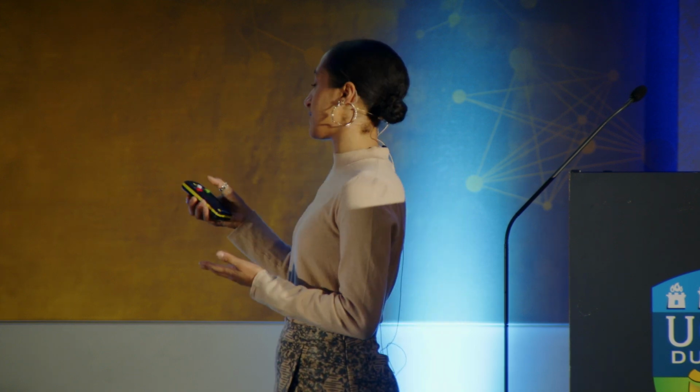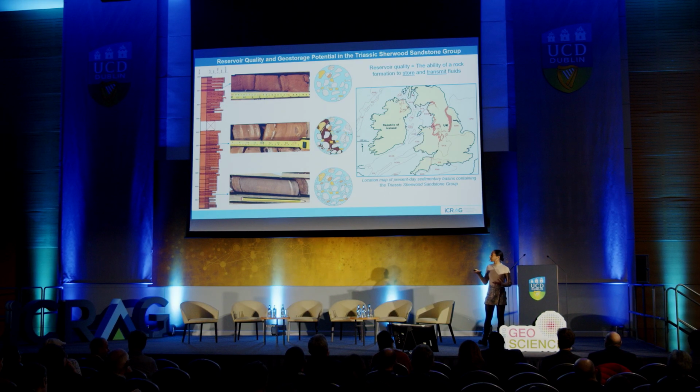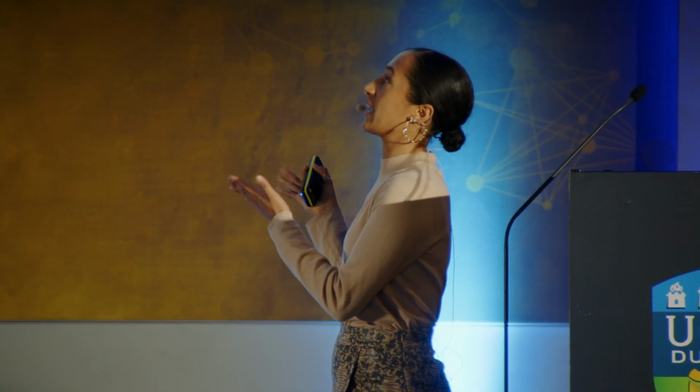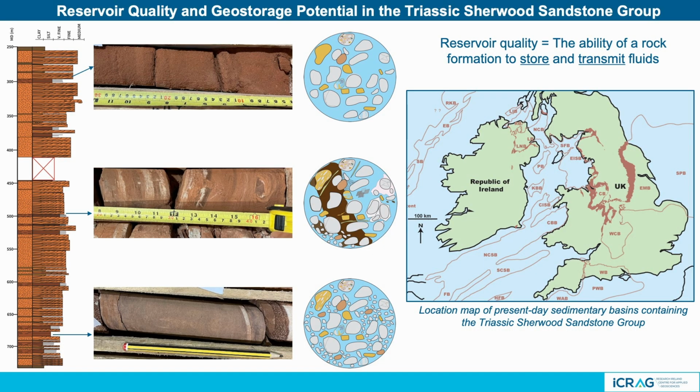So we know from this that the Sherwood Sandstone Group is pretty heterogeneous, which means the properties aren't really uniform. You can see that just looking at these three samples of core. This is all the Sherwood Sandstone Group, but I think you can agree that the properties are changing, and therefore this is going to impact the porosity and permeability, and therefore the reservoir quality.